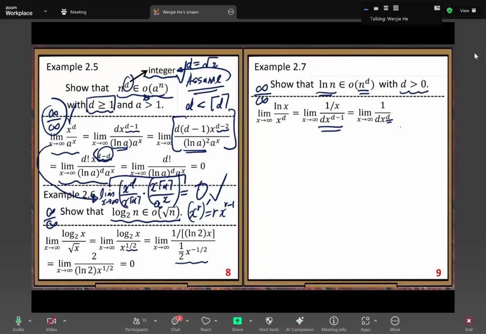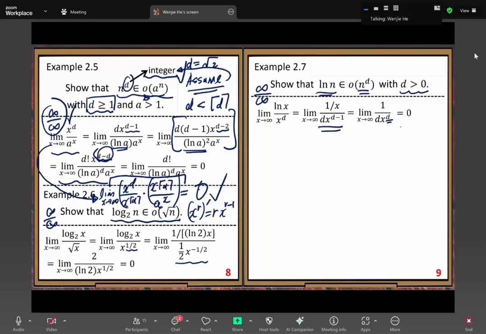No matter how small d is, because x goes to infinity, x to the d also goes to infinity. So 1 over infinity, the limit is 0. Then we go back to the discrete version, so we complete the proof.